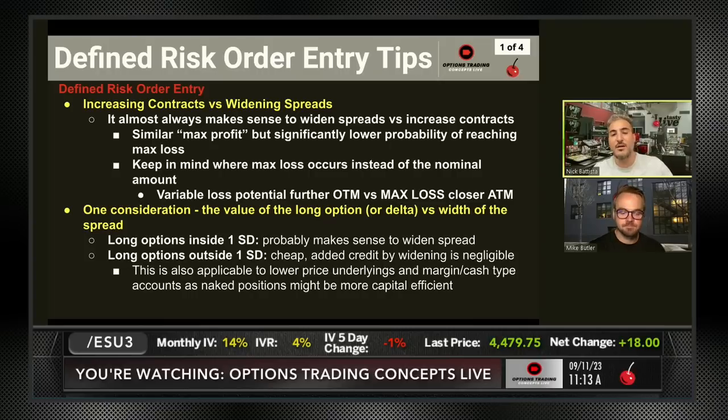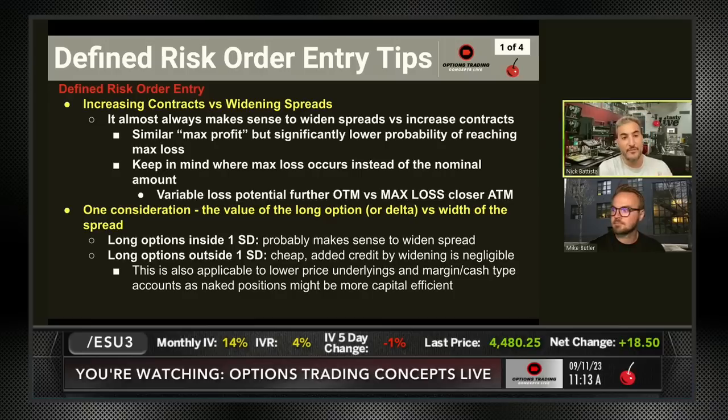You've got to keep in mind the max loss and where that occurs rather than the actual amount. With spread trades, it's not necessarily the actual value of the loss that matters. It's what probability you have of realizing that max loss, and where it occurs.